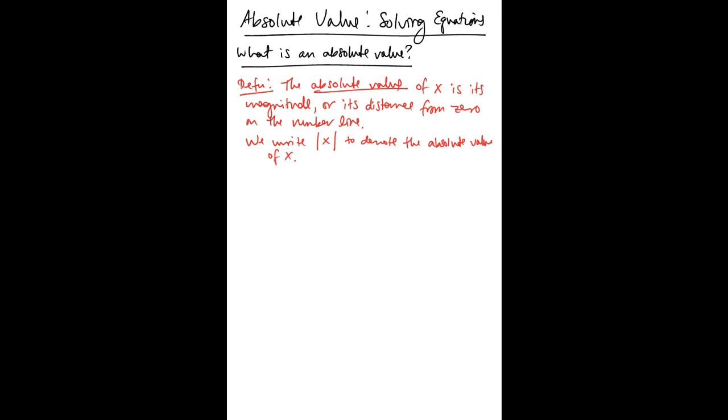So, if we think about what this looks like, here's 0. If x is positive, this distance is the absolute value of x. If x is negative, this distance is the absolute value of x. So what patterns do we notice?